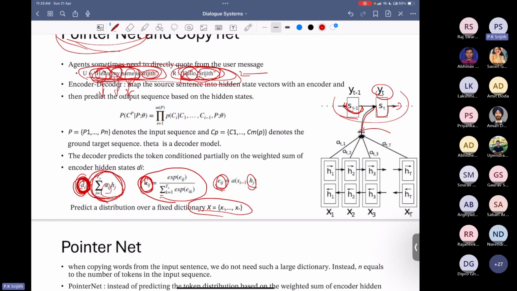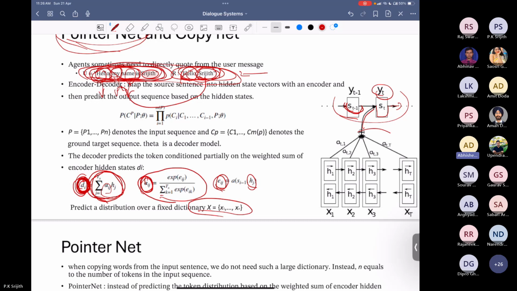You may not end up accurately predicting something like 3G, which is one of the words in the input that the user has provided. Instead, it ends up predicting some very general things. It won't be very accurate. So in certain situations you can generate more accurately if you restrict the space of the output that you want to predict only to the set of all words which are present in the input.